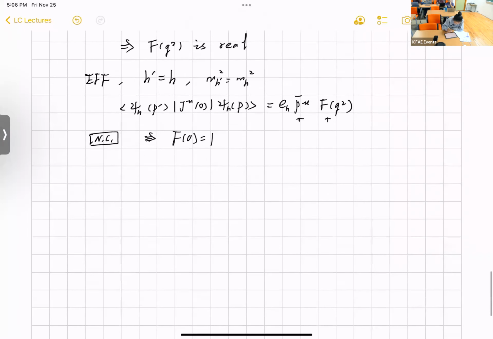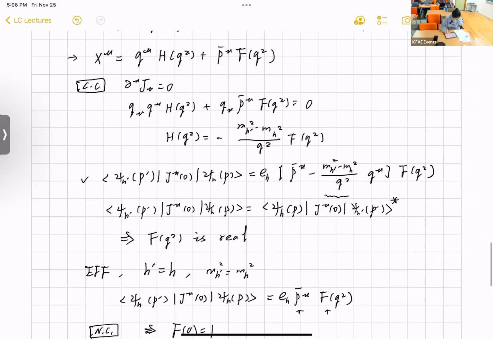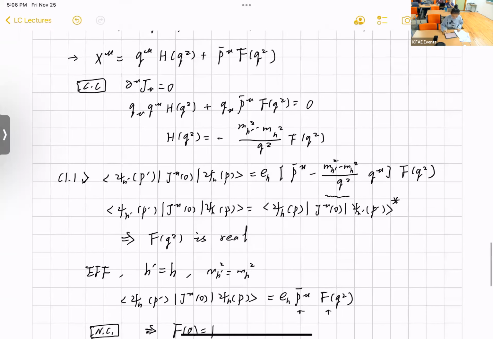And let's see more about the constraints and properties that the form factor should satisfy. First, let's look at the parity. Let's call this equation 1.1. Okay, that's the form factor side.